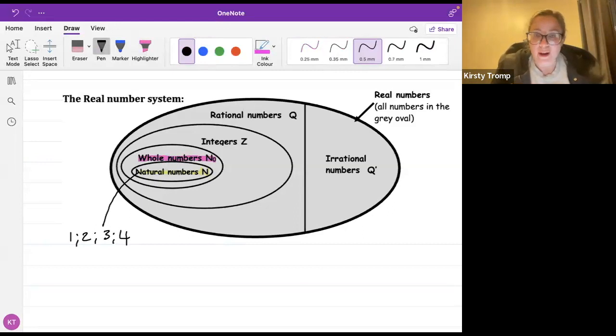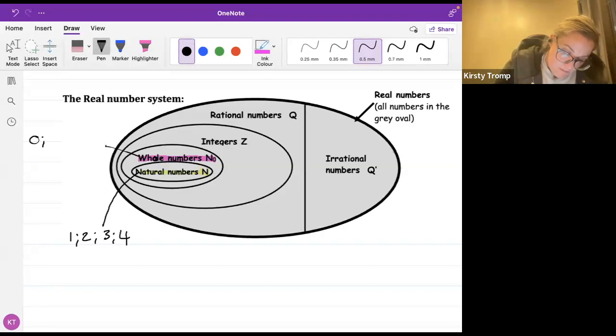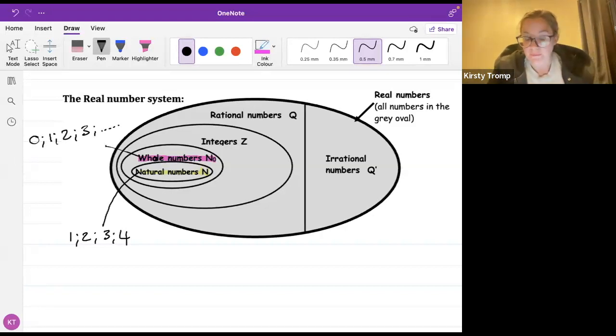I remember that whole numbers starts with 0 because there is a 0 in the word whole. So whole numbers are 0, 1, 2, 3, etc.